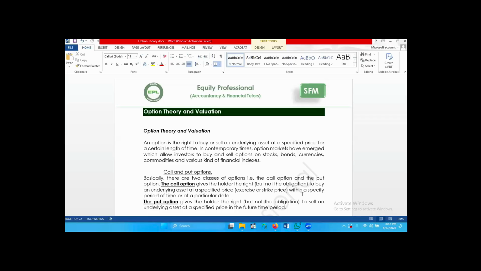So you can obtain a right to buy an asset. In that case, you are talking of a call option. Number two, the put option.